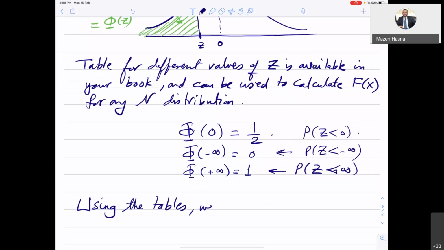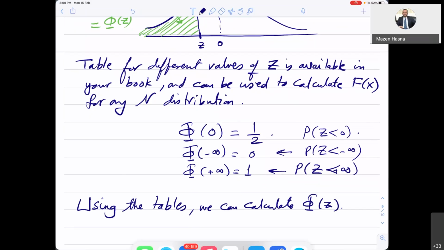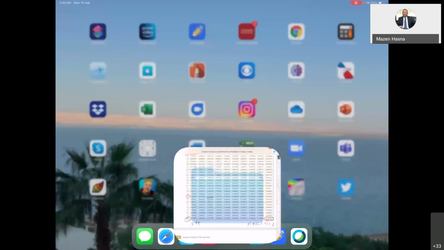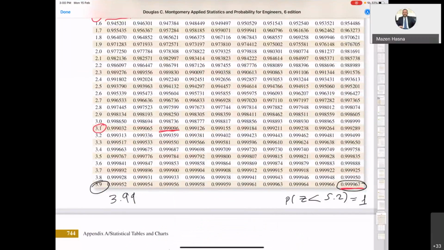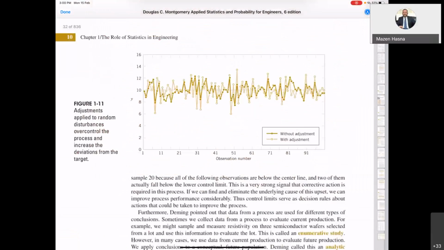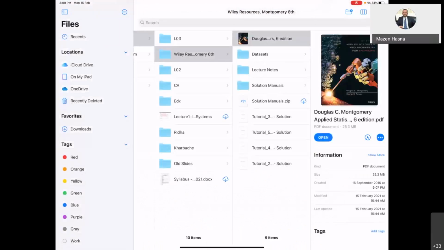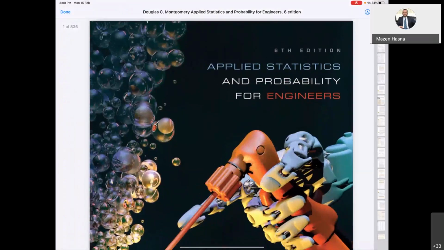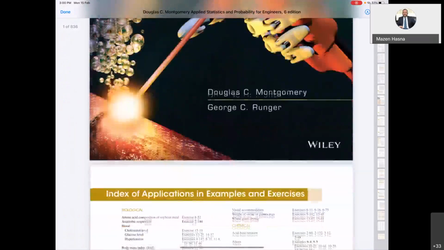And using the tables, we can calculate phi of z for any value we are interested in. But let's see. Let me go to your book. This is the soft copy of your book.